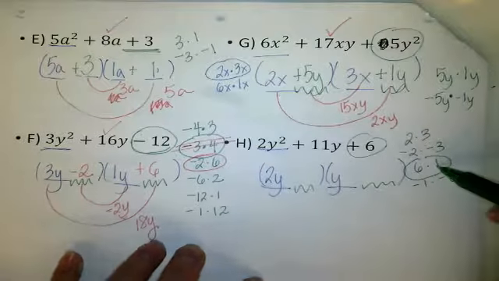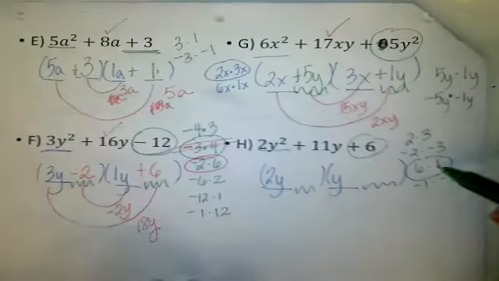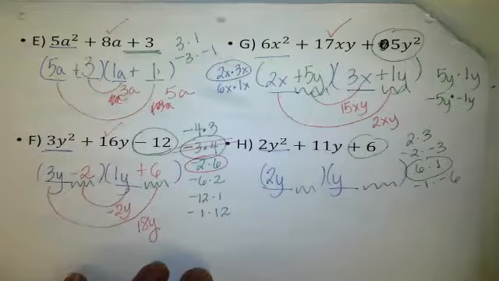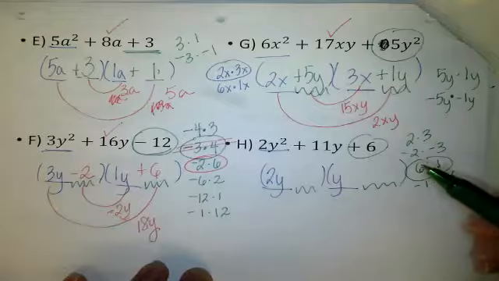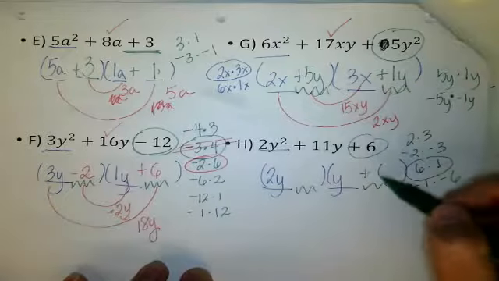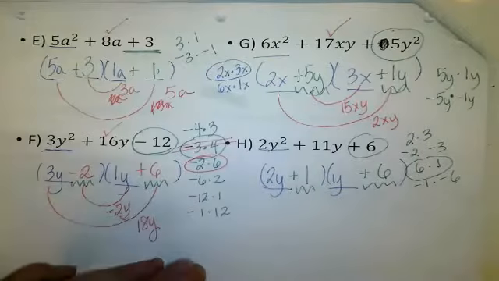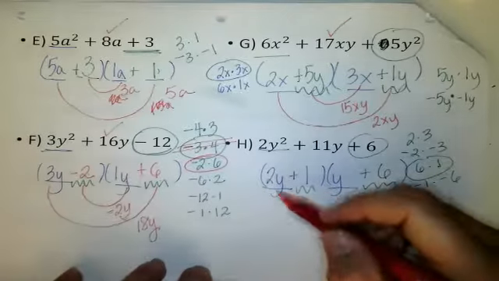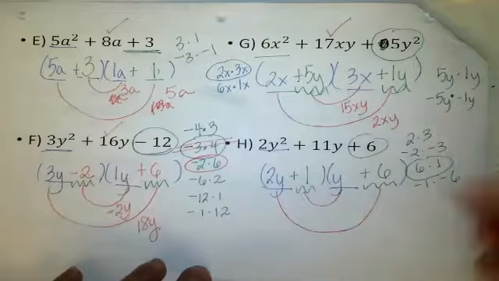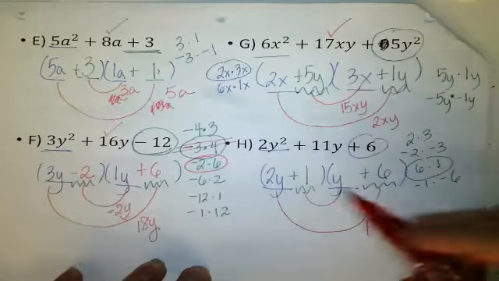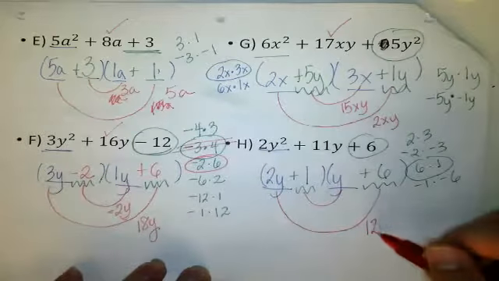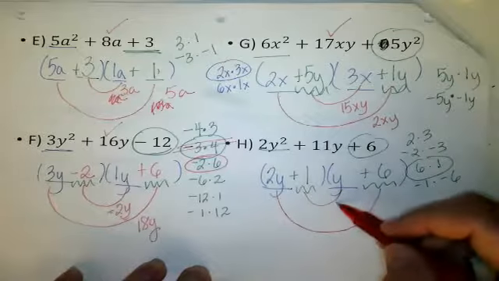That's a good thought because we have to get to 11, right? Kind of big. So let's see. What if I put a positive 6 here and a positive 1 here? What does that get you? 13, yeah. 2 times 6 is 12y plus 1y.